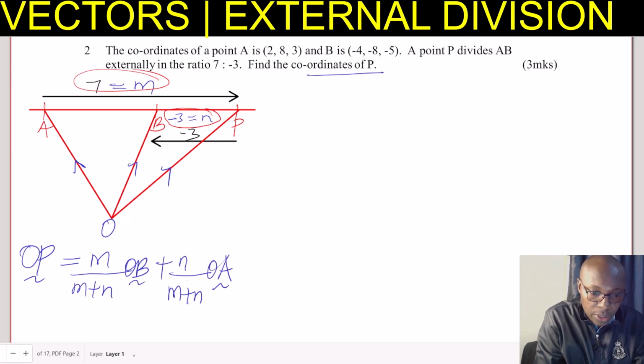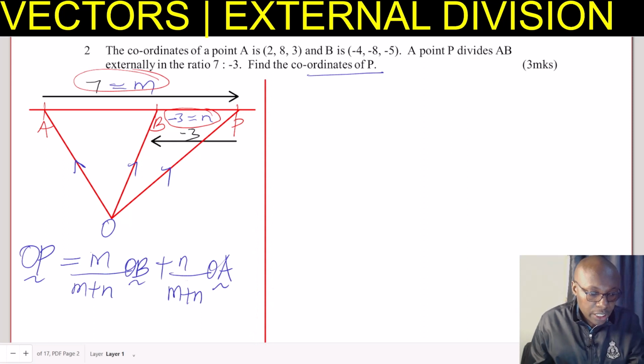So this is how we get the position vector of P using the ratio theorem.